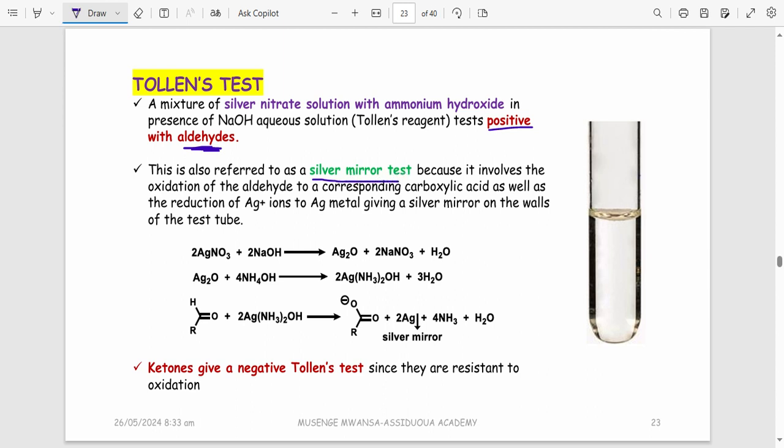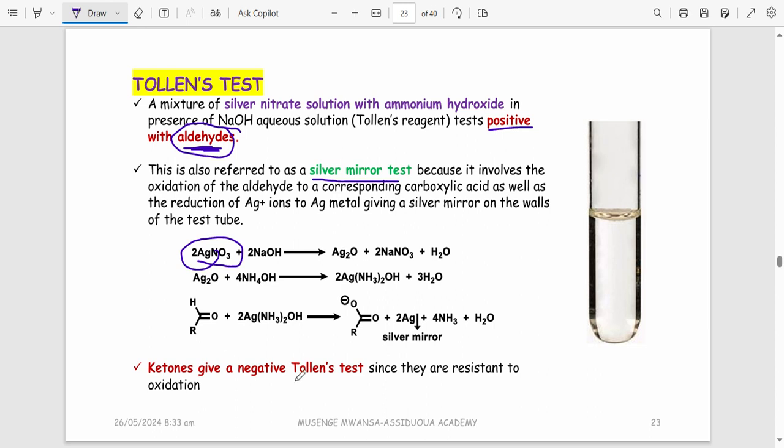But how do you know that what you were reacting with was a Tollens test? What is the reagent? It is silver nitrate. So if they tell you that you reacted your compound with silver nitrate and you got a silver mirror as your product, that means that the reaction was positive and that you had an aldehyde.